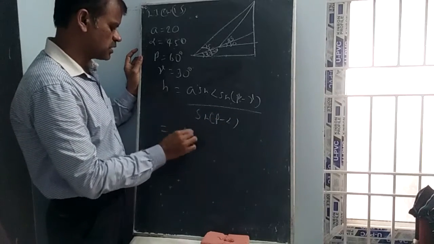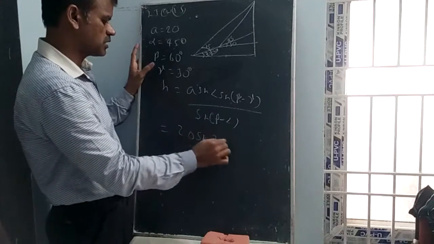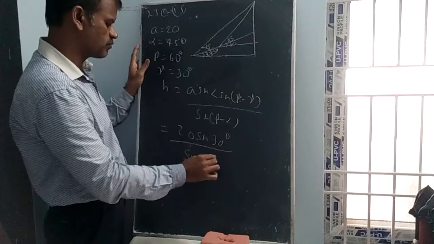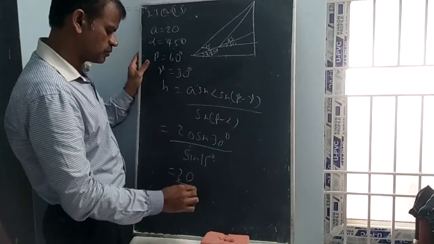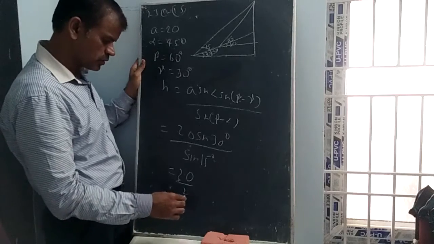So A means here 20 into sin of beta minus gamma, meaning sin 30 degrees, whole by sin of beta minus alpha, meaning sin 15 degrees. So you can write here 20 by 2 into sin 15 value, root 3 minus 1 by 2 root 2.